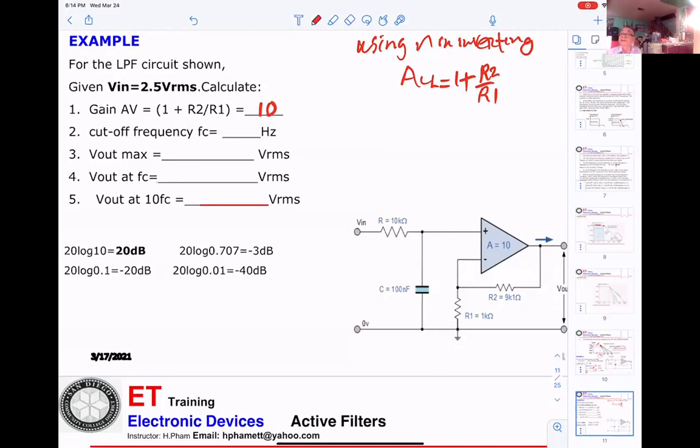Who got the answer for me? Point 16. 0.1616. Okay.